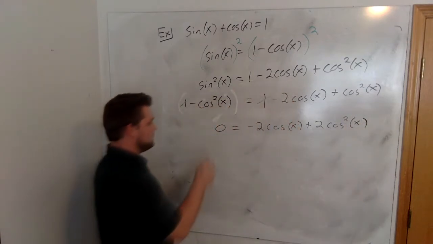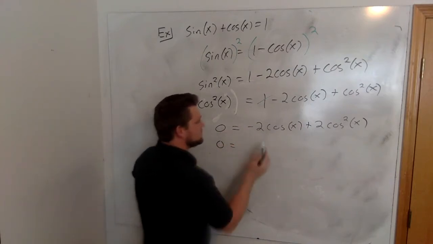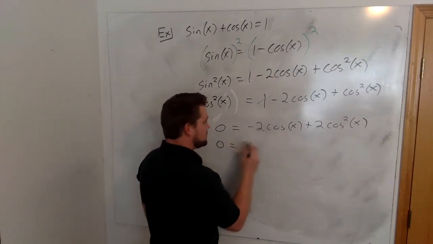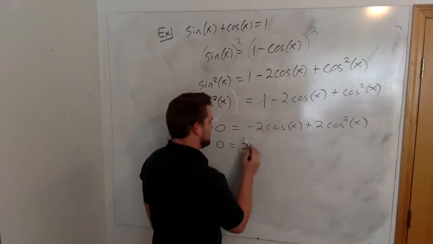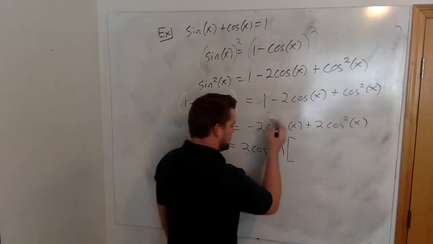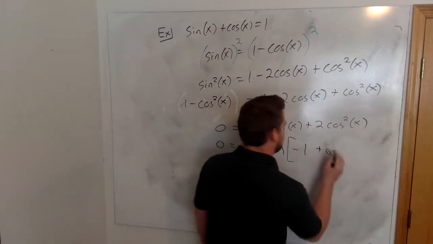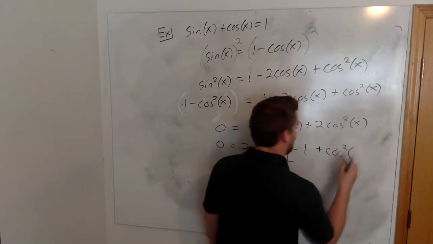If you want, we could divide out the 2, or we could just factor. Let's go ahead and factor out a 2 and a cosine. So a 2 cosine of x. And what will we be left with? We'll be left with a negative 1 plus cosine of x.